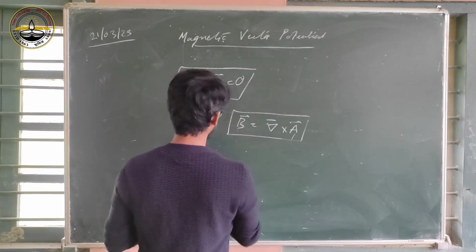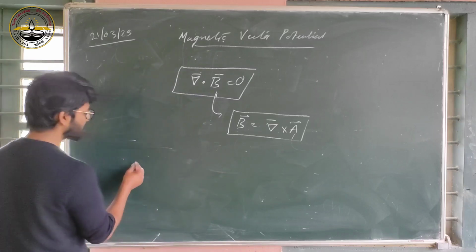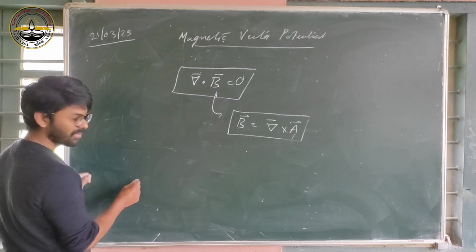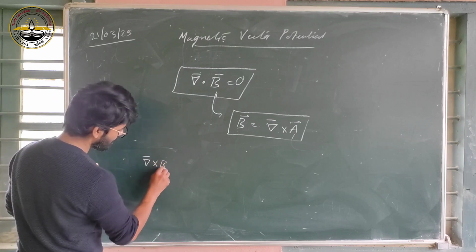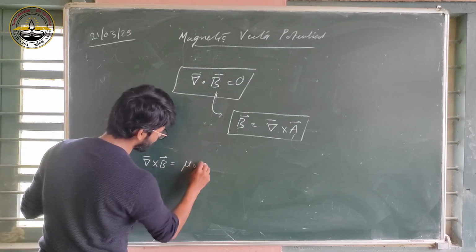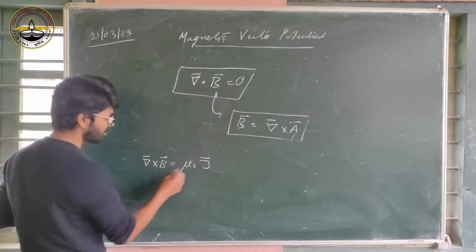Okay, so how do we calculate the magnetic field? Once again we use Ampere's law. Ampere's law in differential form was just this, remember?